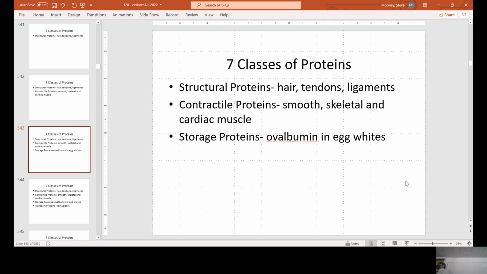We'll have storage proteins, proteins that are meant to save amino acids for a later function.